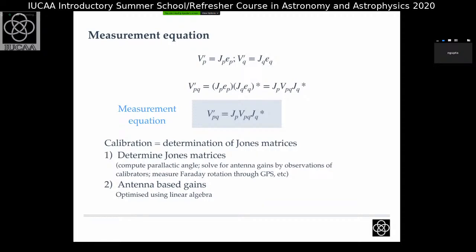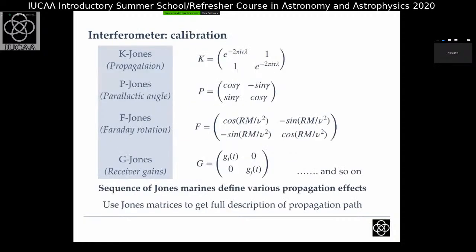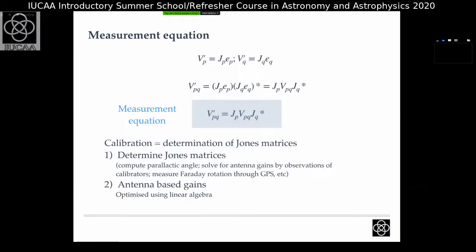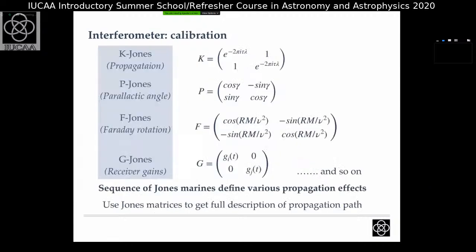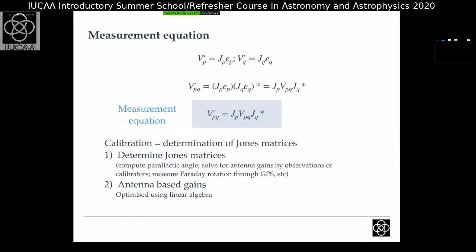That is, I know how strong the signal is, what it looks like, which means what kind of amplitude and phase my interferometer will show, and using that, I can solve for antenna gains. So this is the large G Jones I can determine, and then in some cases I will have to have some external help, like for example from GPS, through which I can measure the properties of ionosphere and determine this F Jones matrix here, right?